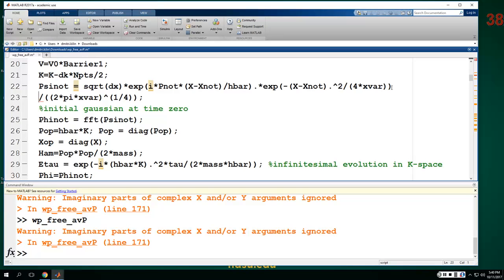So probably 4 x var is what we have here. 4 x var will be variance, width parameter. If we scroll up again, we can find that this parameter of width will tell whether we have a sharp or extended initial width of the wave packet.